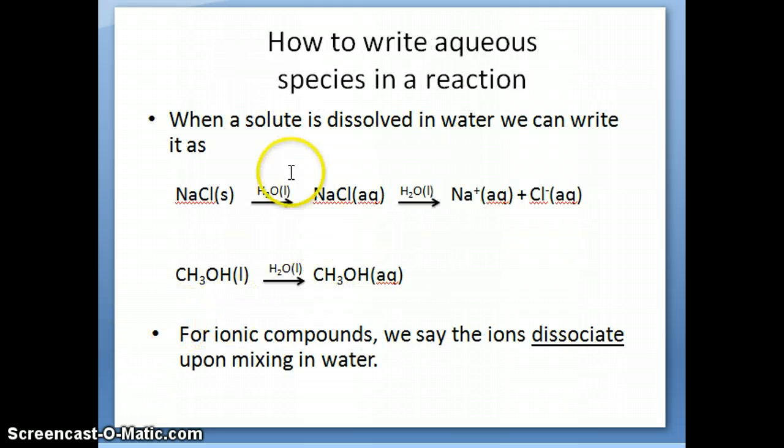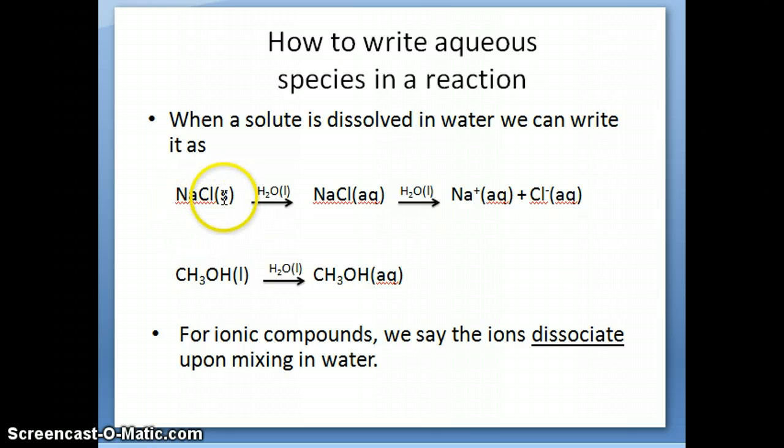Okay, this is an important slide here because it shows you how we write species when water is present. When you have a solute that's dissolved in water, there are two ways of writing it. First, we start by writing the solute itself, in this case the ionic compound sodium chloride, and it's a solid to start with.